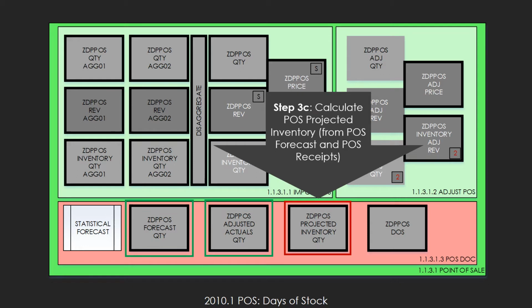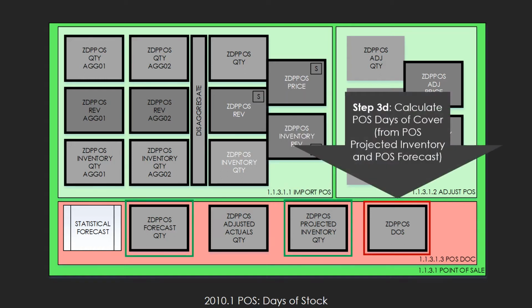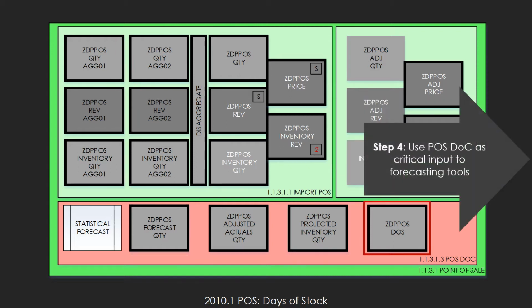Step 3C, we calculate the point of sale projected inventory from the point of sale forecast and the point of sale receipts. In step 3D, we calculate a point of sale days of cover from point of sale projected inventory and the point of sale forecast. Step 4, we use this point of sale days of cover as a critical input to our forecasting tools.